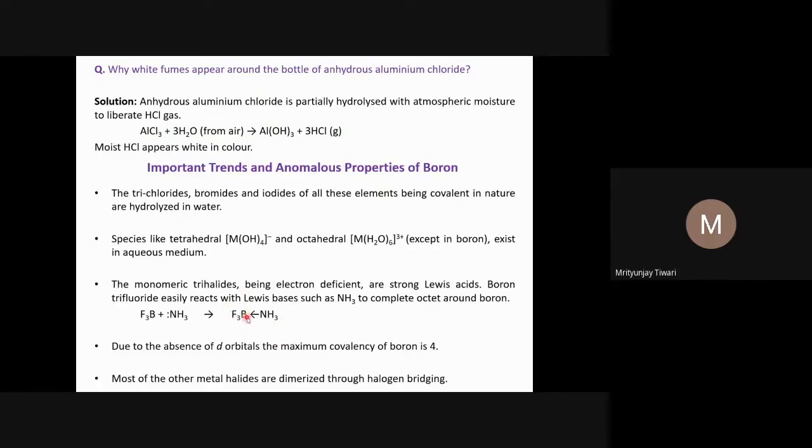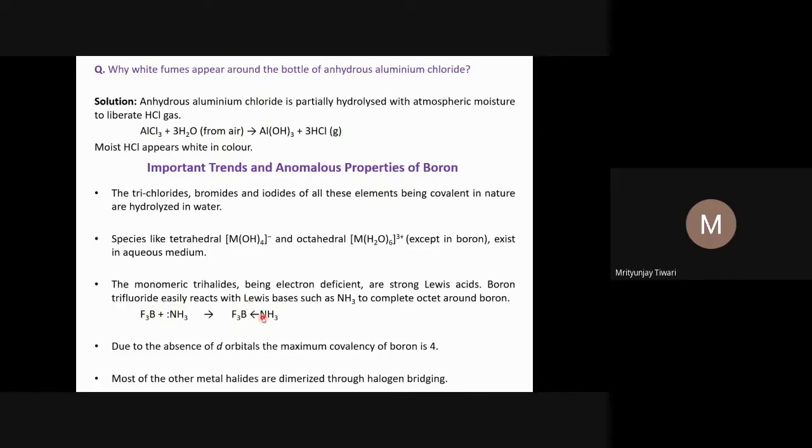In this case, boron will get its octet, because nitrogen shares its lone pair of electrons, meaning the 2 electrons, with boron. It pushes them into the empty p orbital of boron. So boron obtains 2 electrons from the nitrogen, and the octet of boron will be complete in this complex. The nitrogen is not completely losing control of these 2 electrons, so they are also considered to belong to nitrogen.